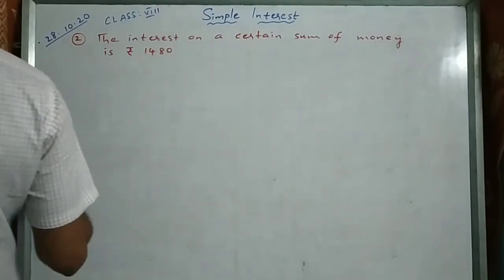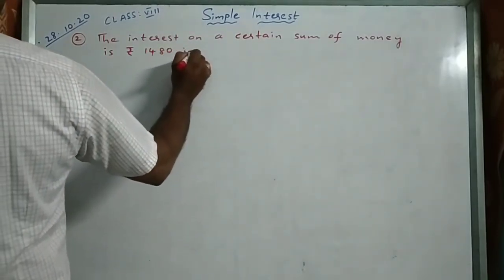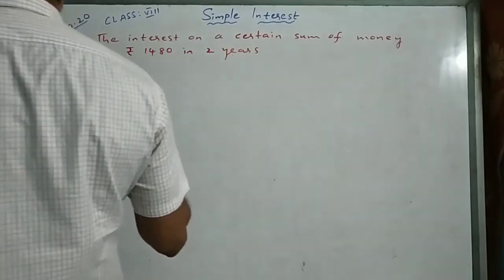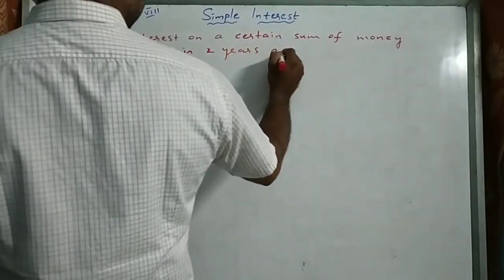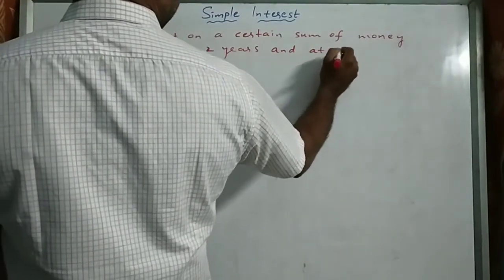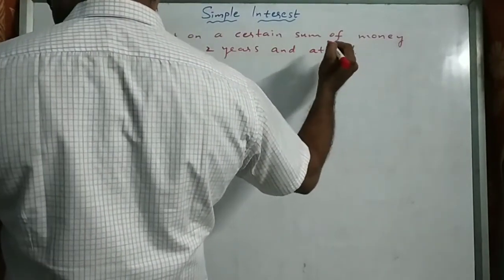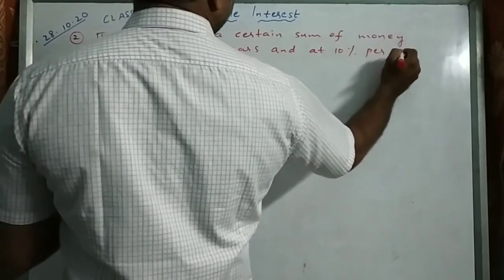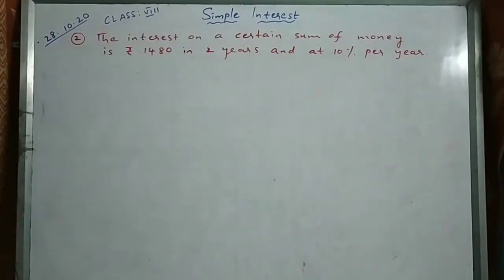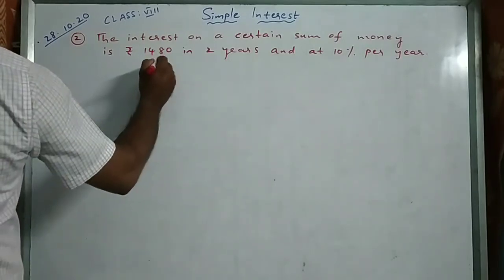Interest is given. In 2 years, time is given, and at 10% per year, the rate of interest is also there. Find the sum of money.